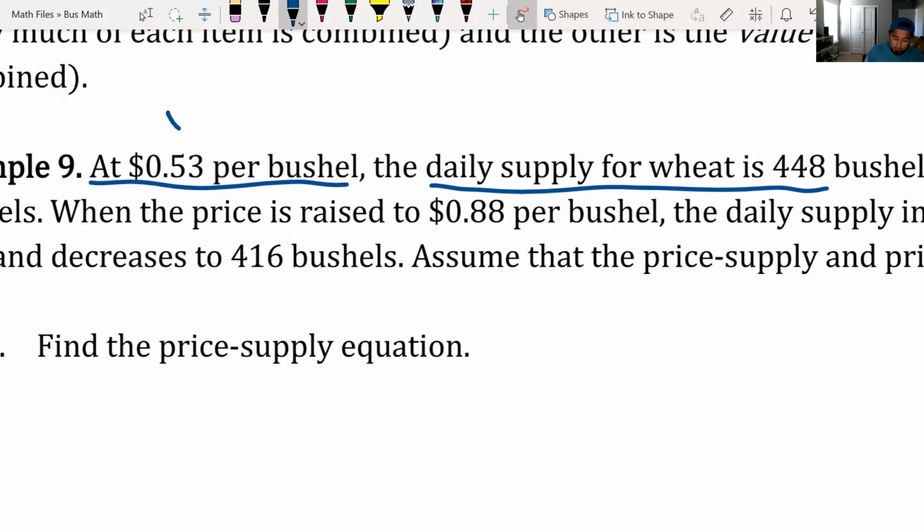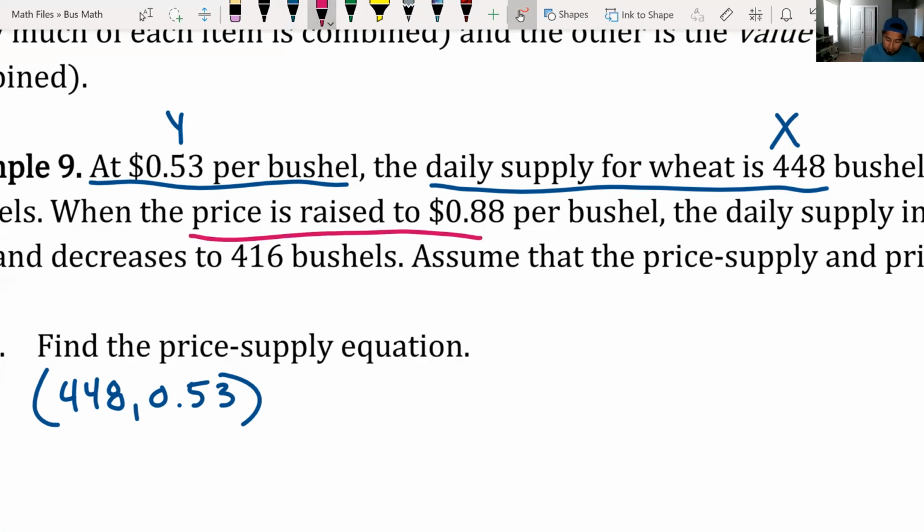So 53 cents is my y, daily supply is my x. So they're giving us the first point, which I'll put down. They gave us 448 and 53 cents.